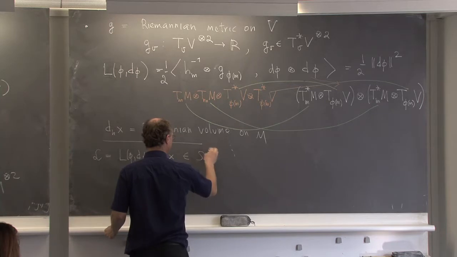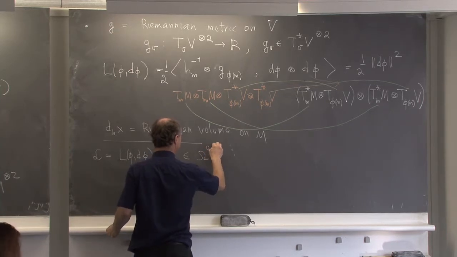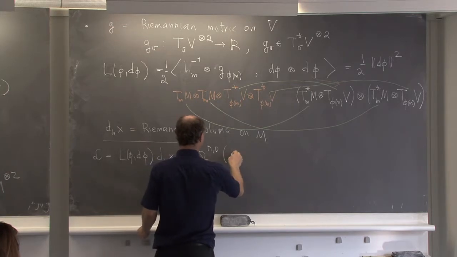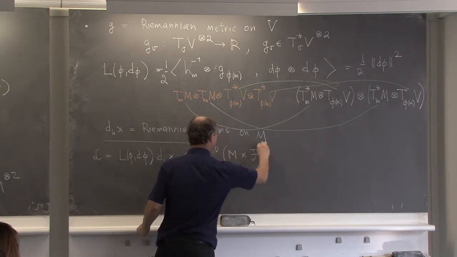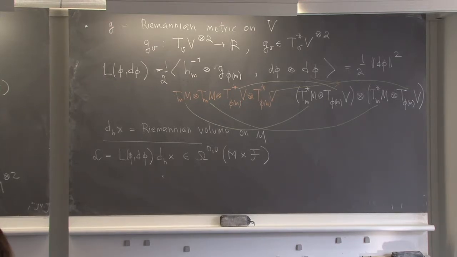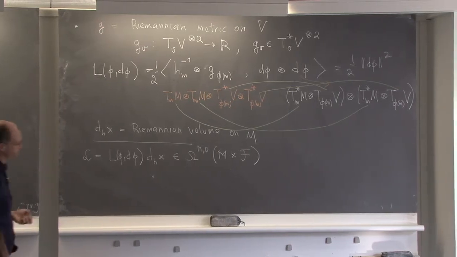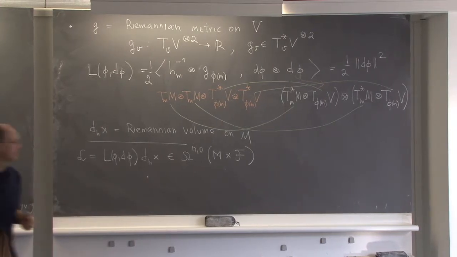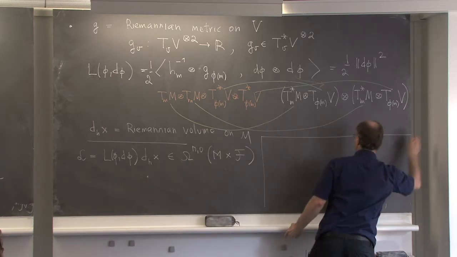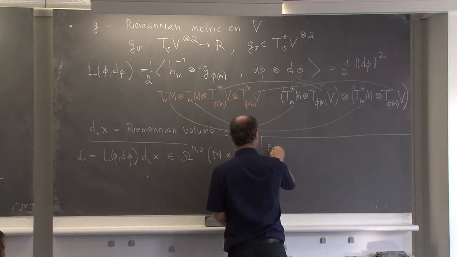This will be an element in Omega n, 0 on M cross F. And that's a good starting point for Lagrangian field theory, as we were discussing it before. In fact, in the problem set, there will be an exercise.